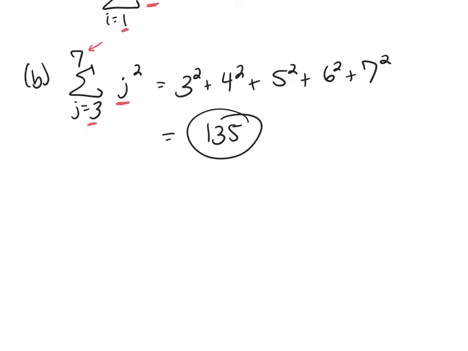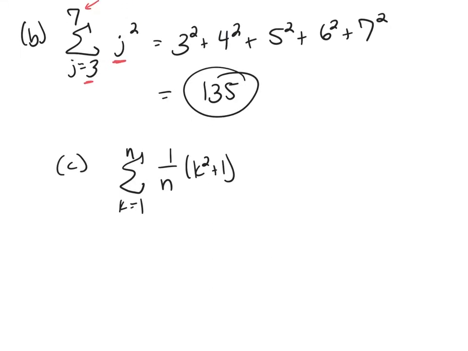Okay, so now for part C, we're going to look at the sum from k equals 1 to n of 1 over n times k squared plus 1. So here, really your index variable is k, and you're going to start off with k equals 1, and then you're going to end at the value n. So n here represents some fixed number.